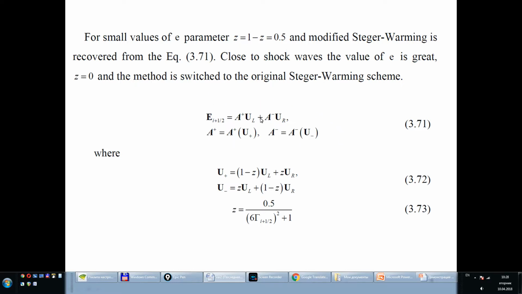You see that when Z is equal to 1/2, we have the mean of U_L and U_R. Close to shock waves, the value of E is great, and so Z is equal to 0, because gamma is very big. And the method is switched to the original Steger-Warming scheme.